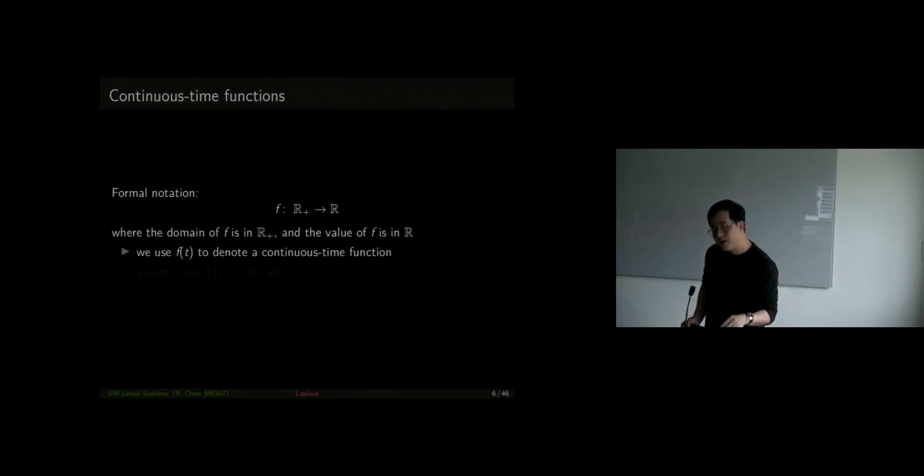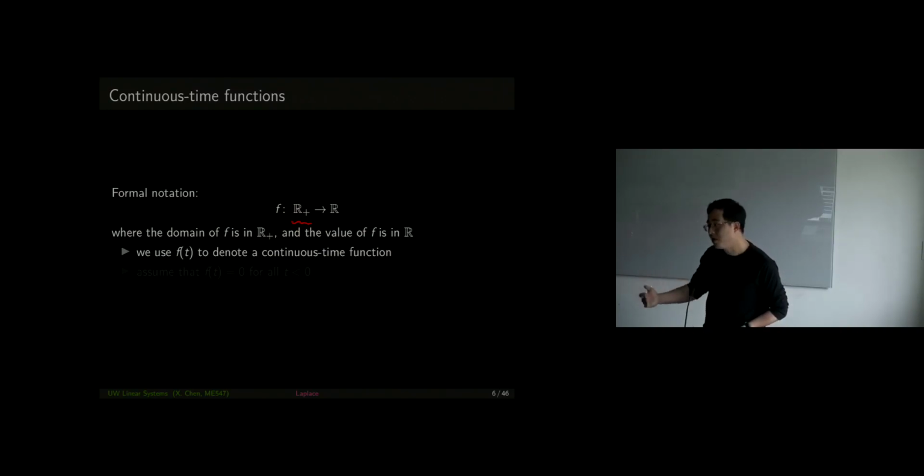The Laplace transform is defined over continuous time functions. So it is important to recognize that a continuous time function, in this course, is a mapping from R plus, the set of positive real numbers. So it can be infinite time. It's a time domain.